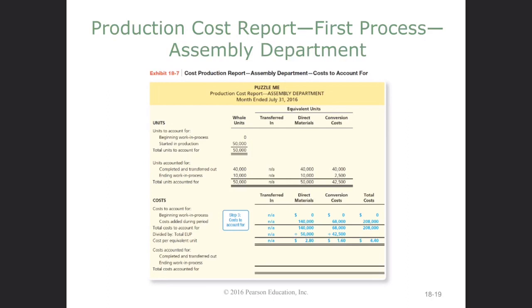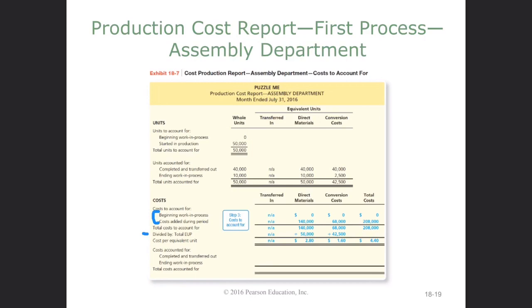It's a quick reference to look back, because you could be supplied with these two items and this one. And so you could have 3 items and they're asking you, what's the cost per equivalent unit?